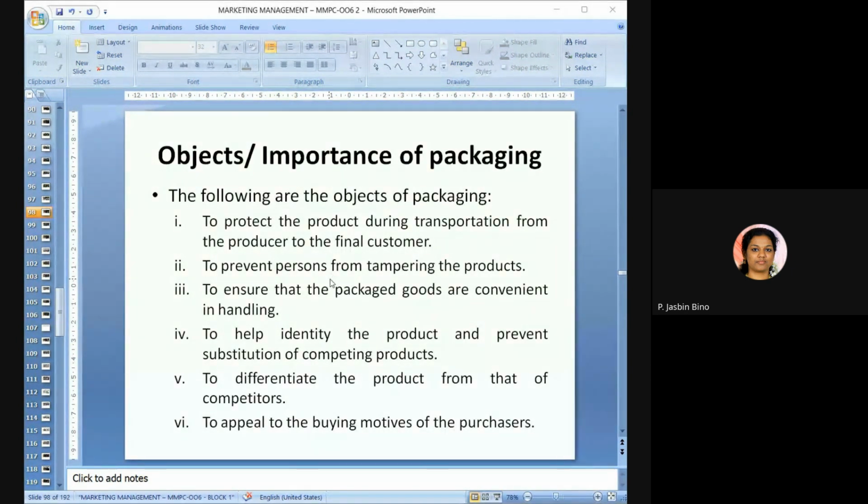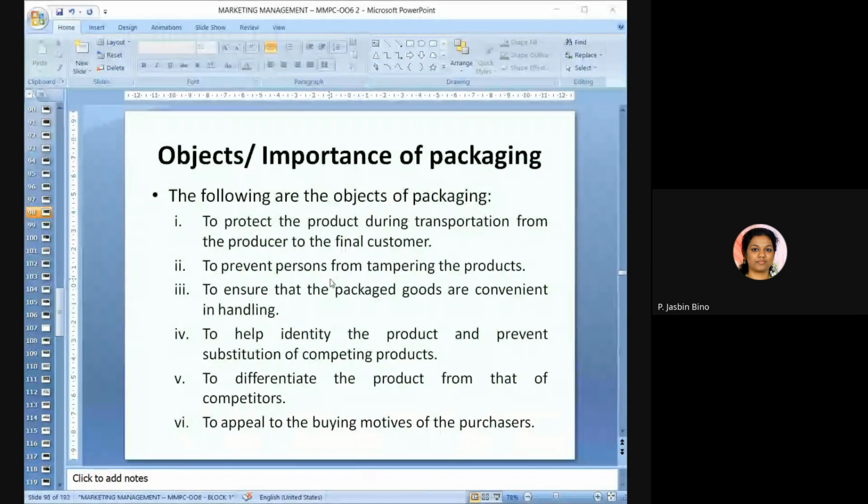Mainly, why are we packing a product? The first purpose is to protect the product while it is being transported from one place to another. Second, we can prevent tampering or unauthorized access to the product.